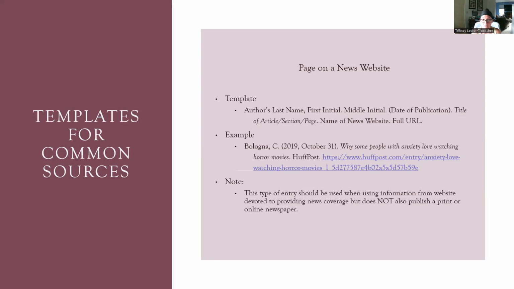They are a news website, but they don't publish a print or online newspaper, right? Newsmax does not have a Newsmax newspaper or print newspaper. CNN does not have an online newspaper or a print newspaper. They're just a website devoted to news coverage.